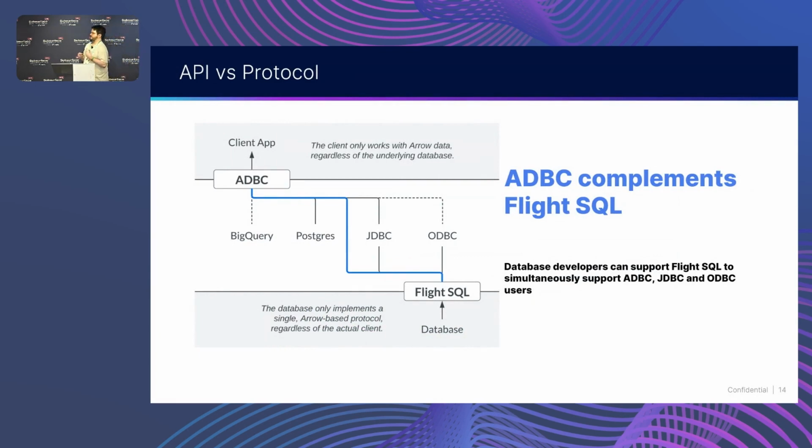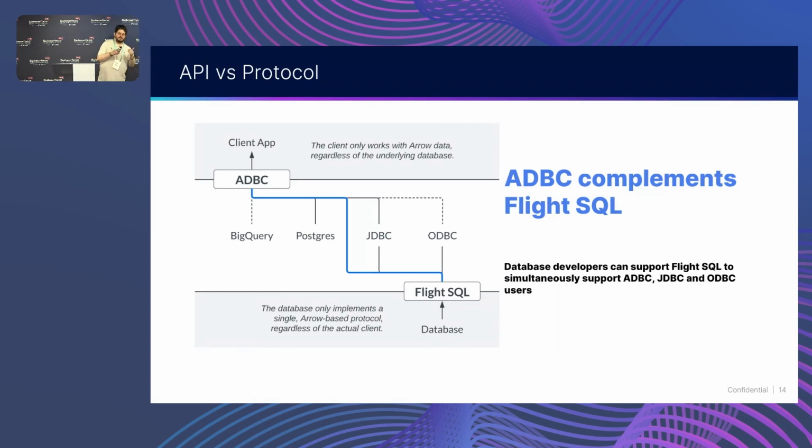Now, if you've heard of Arrow Flight and Arrow Flight SQL, you might be wondering why ADBC if Arrow Flight and Flight SQL exist. It's not a replacement, it complements that. When you're talking about any kind of complex database data system, you essentially have, for the most part, three pieces. You have a client, you have a transport, and you have a server.